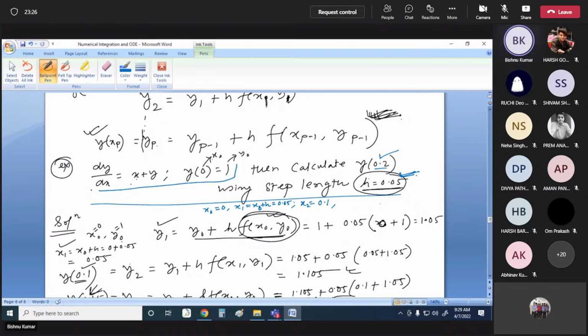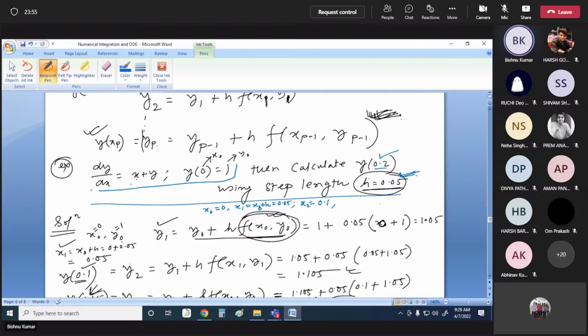Now x3, you just tell me. x3 is 0.15, so y3 is the value of y at x equals 0.15. That is still not what I need. I need this value. So what is x4? x4 will be 0.15 plus 0.05, which means 0.2.